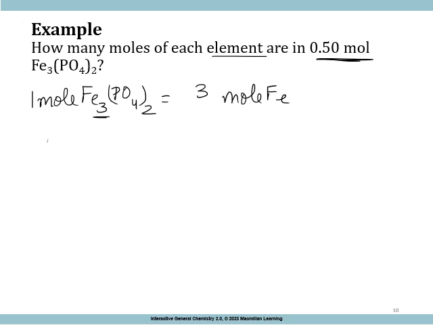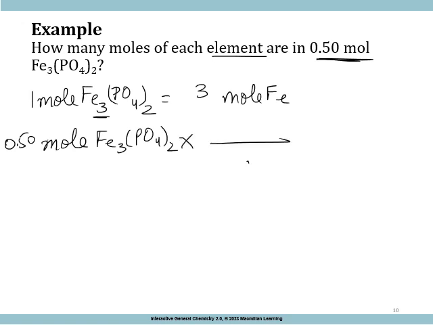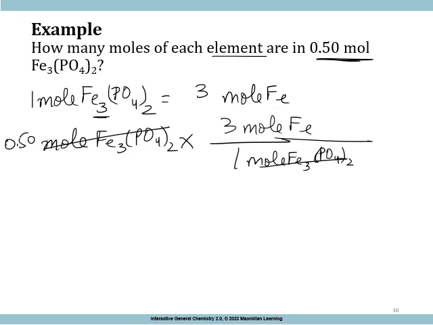Or you can start the way we usually do using conversion factor, 0.50 moles of Fe3PO4, multiply it with this factor, moles of Fe3PO4 goes in the bottom and this goes on top, which means you have 0.5 multiplied by 3, which will give you 1.5 moles of Fe. This was 2 sig figs, so this is 2 sig figs.